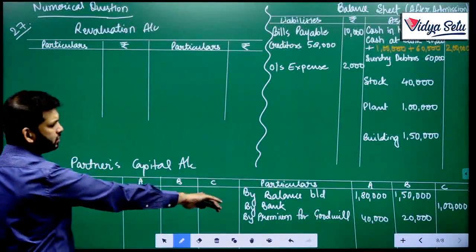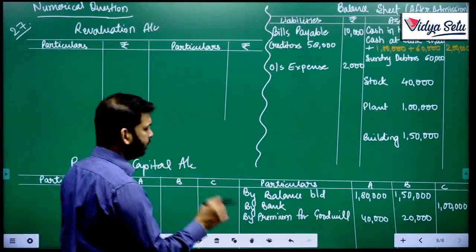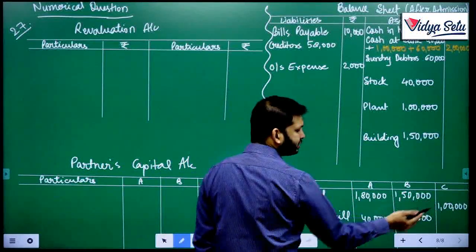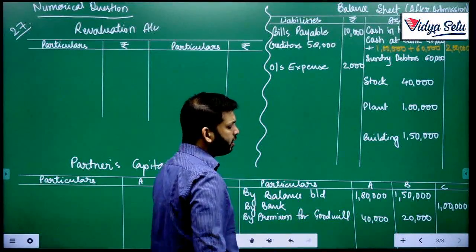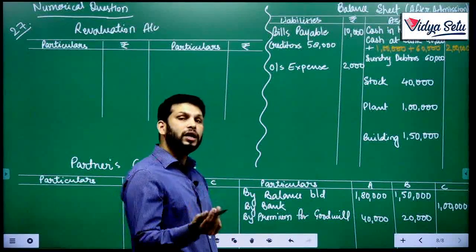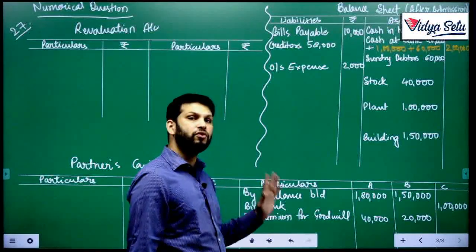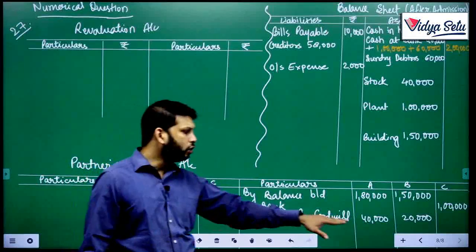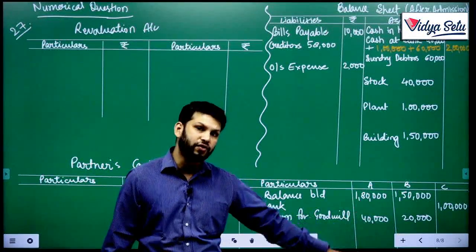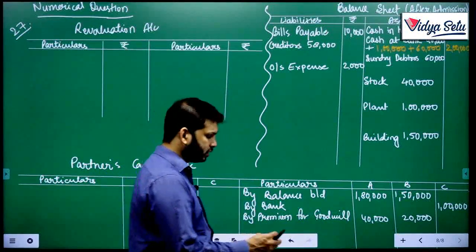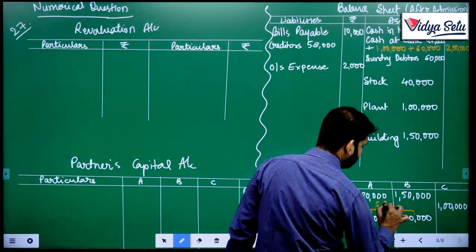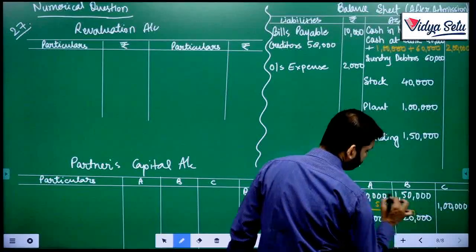What is this? The premium for goodwill. Don't write by bank 1 lakh 60 here, because this is the partner's capital account. 1 lakh 60 is not capital, just 1 lakh is the capital. That remaining 60 is the premium for goodwill, and the premium for goodwill, if we are making partner's capital account, will directly go to the sacrificing partners in the sacrificing ratio of 2:1.